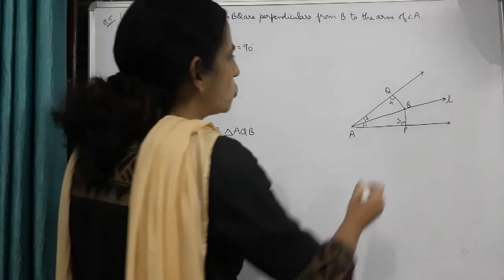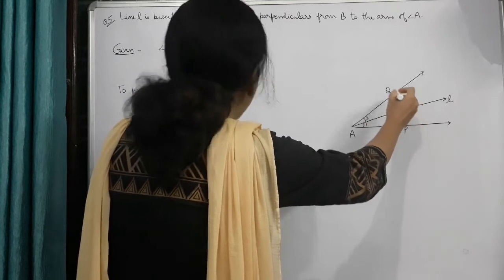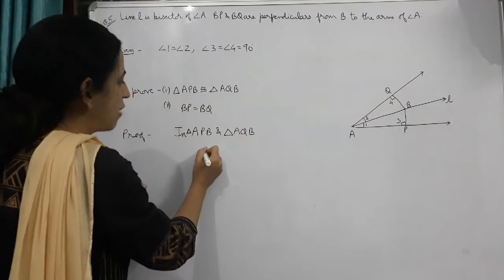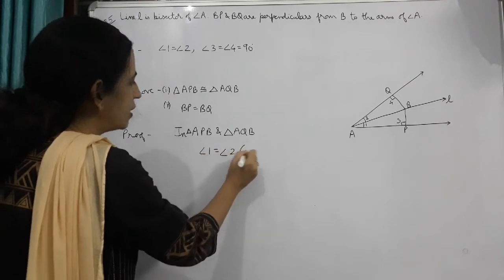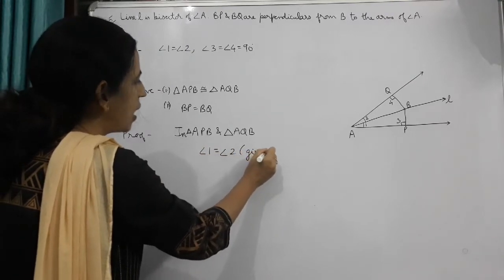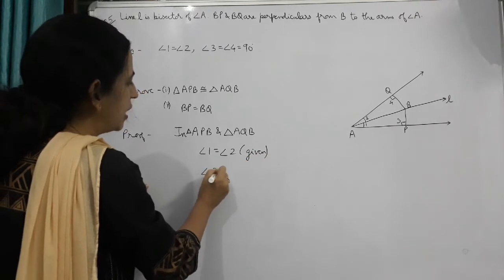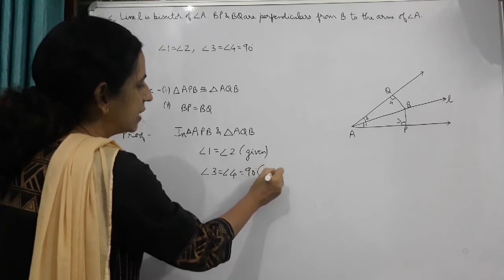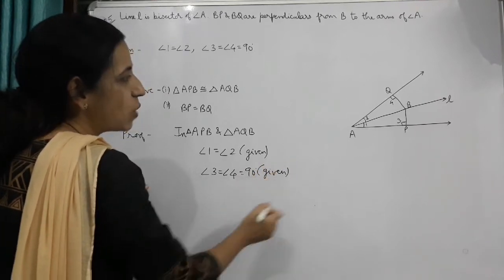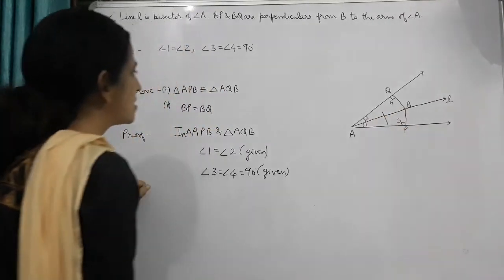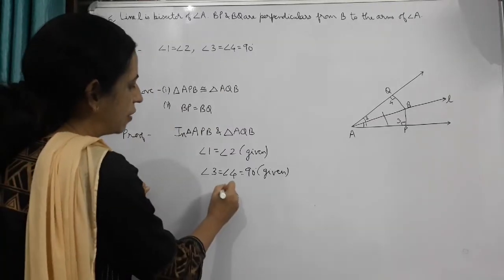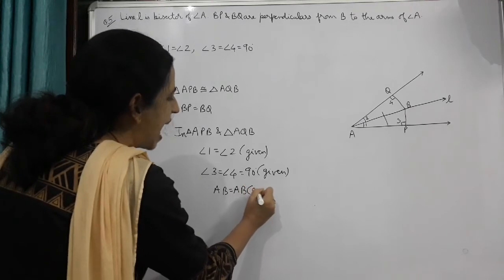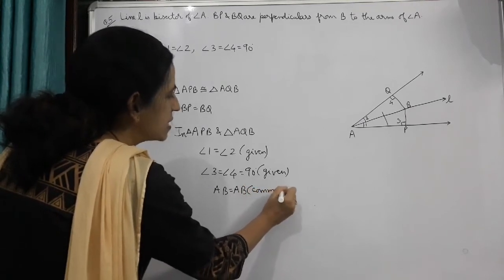Now let us take these two triangles, triangle APB and triangle AQB. In these triangles we have angle 1 is equal to angle 2. This is given to us. We have angle 3 equal to angle 4, each of measure 90 degrees. This is also given to us, and this is the common side that we have. We have AB is equal to AB, as it is the common side.